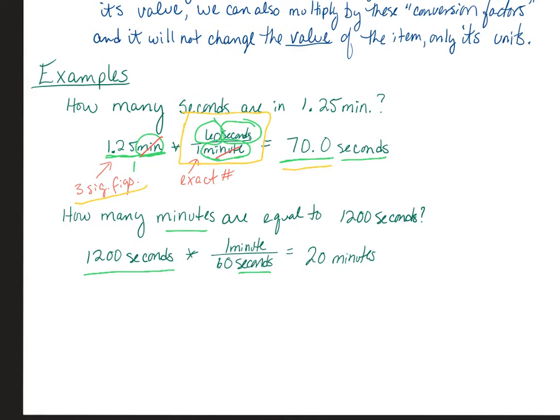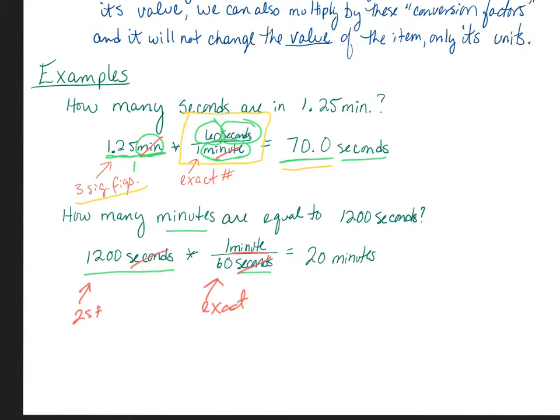And what that does is the seconds will cancel out and you'll be left with the unit of minute. So in this case, again, this is an exact number. So we don't have to worry about the significant figures here. But we only have 2 significant figures on the left. So that means that we need to give just 2 significant figures.